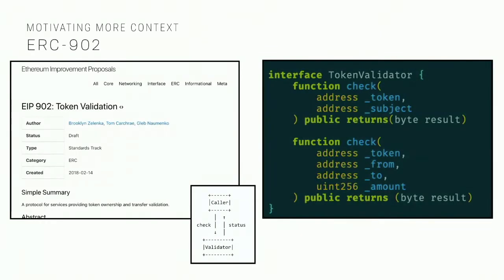Here's an example from the real world where this is helpful. In a security token context, we want to check if it's allowed to transfer a token right now. And so we extract this checking validator out into a separate contract, so it doesn't have to live in each smart contract.